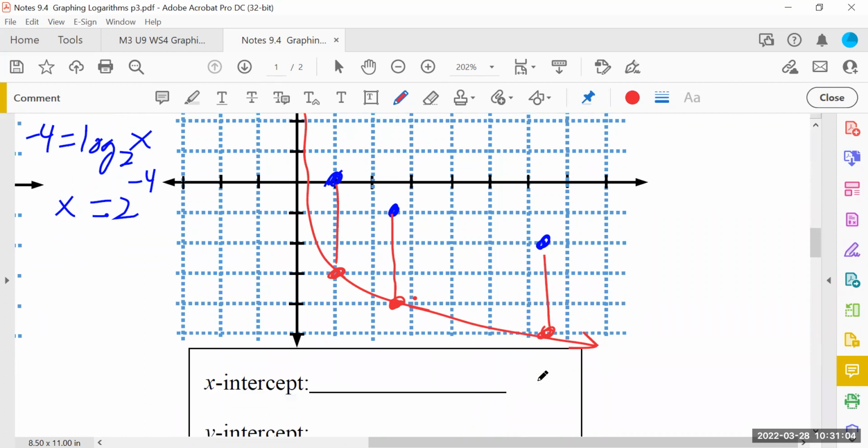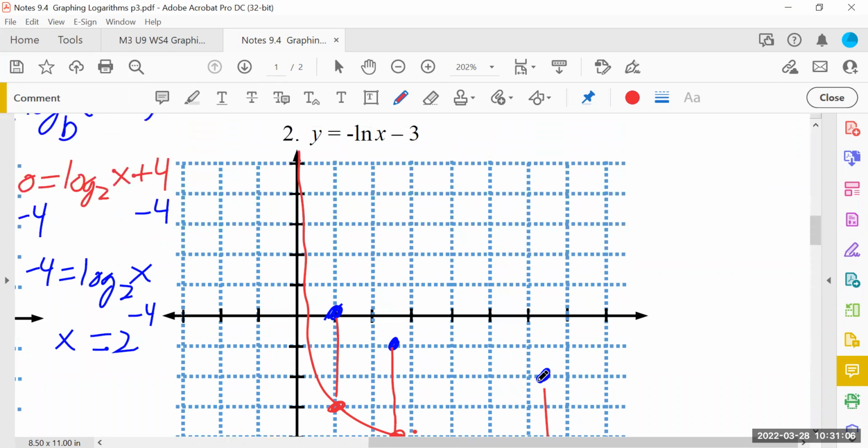Let's find the x-intercept. The x-intercept, put 0 in for y. 0 equals the negative natural log of x minus 3. I'm going to add 3 to both sides. 3 is equal to the negative natural log of x.